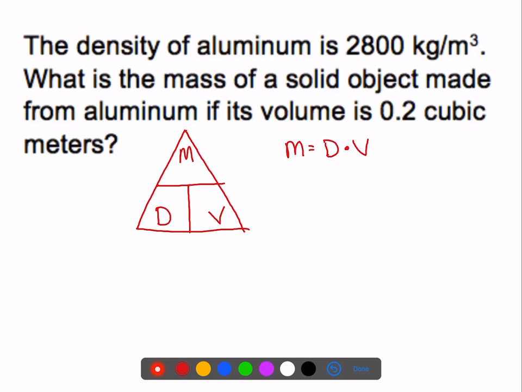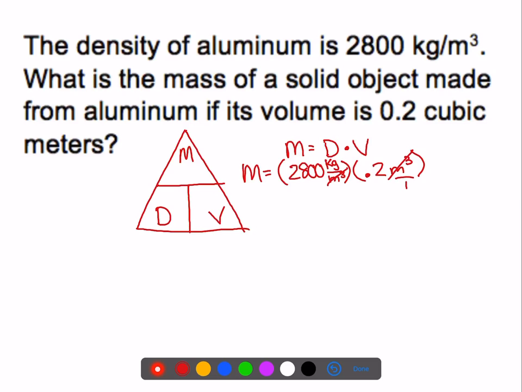I know that the volume is 0.2 cubic meters, so 0.2 meters cubed times the density, which is 2,800 kilograms per meter cubed, and that'll equal our mass. Now the meters cubed and the meters cubed cancel each other out because one's on top, one's on bottom. And then I'm left with 0.2 times 2,800.